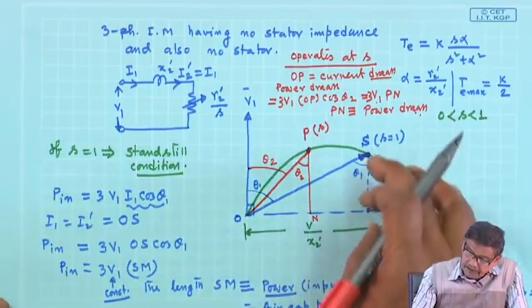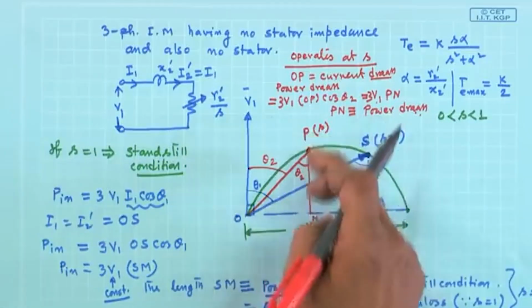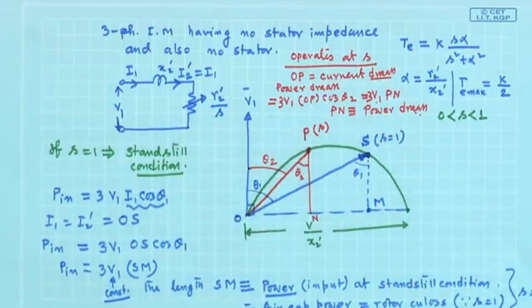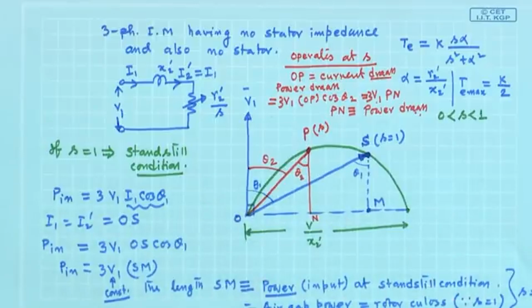So, Sm is the power drawn at S equal to 1, and this is the power drawn when it is operating at any slip S. And we are talking about an induction motor whose stator impedances have been neglected, a very simplified situation. But nonetheless, it will bring out the most important things that we will consider here.